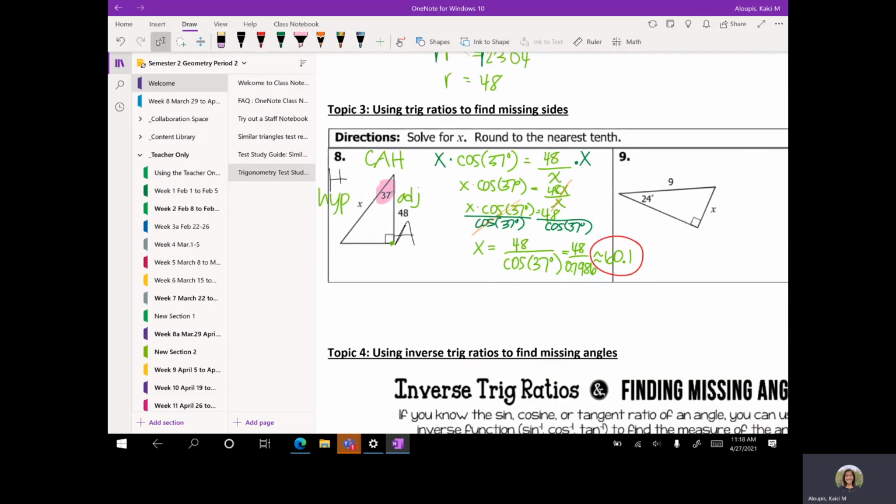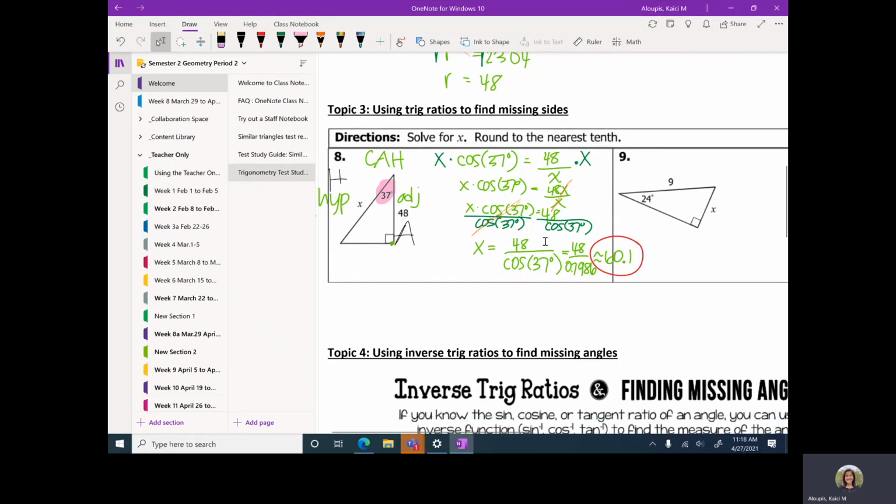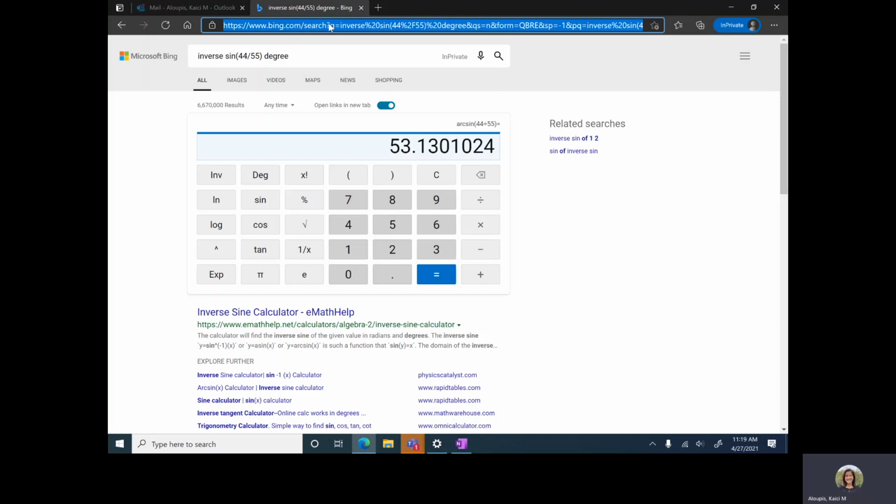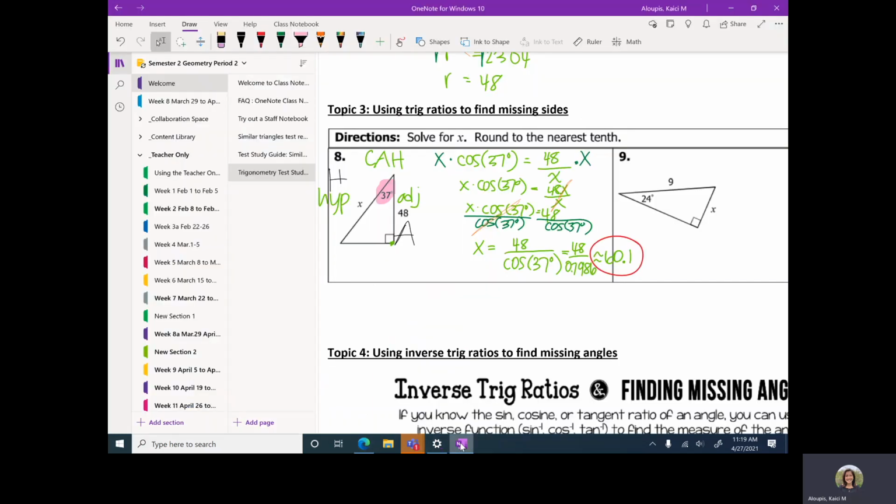The other way we could have solved this one is using a calculator. You can plug into your calculator 48 divided by cosine 37, and you would have gotten approximately that same thing. One thing I'm going to show you right now, though, is how to just use Google or Bing or whatever to find that. So what we had to do, remember, is 48 divided by cosine 37 degrees.